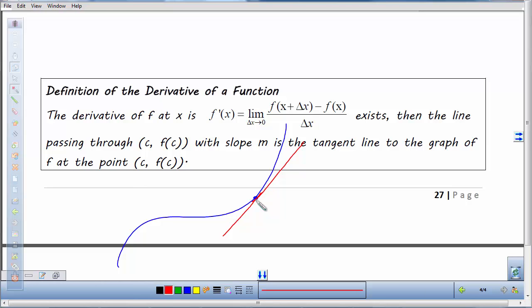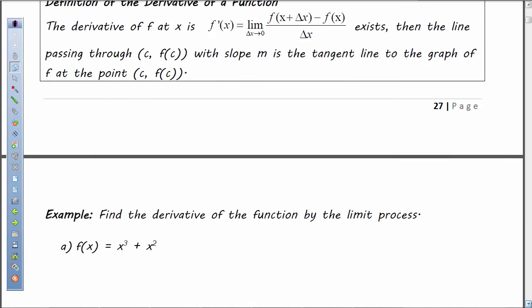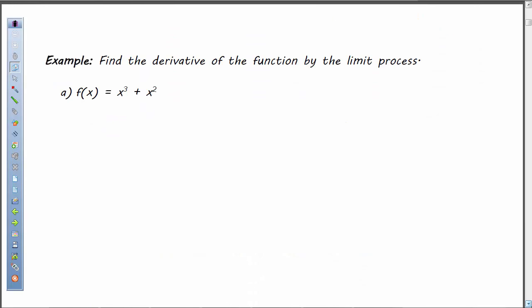And the way that we're able to come up with the slope of this tangent line is by using this derivative, which is, of course, the same thing as the slope formula that we were just using. So we want to find the derivative of the function by the limit process.